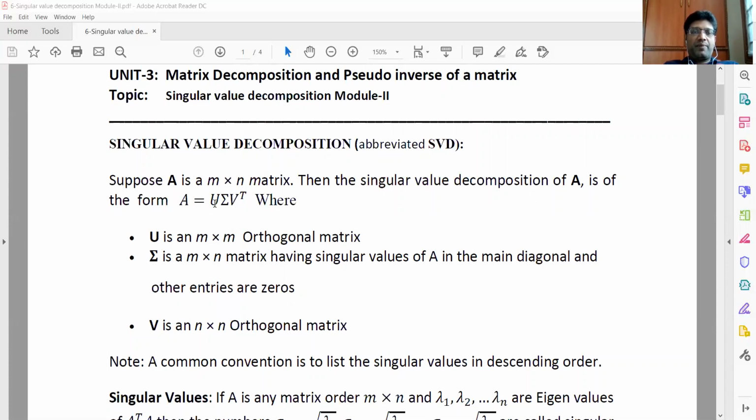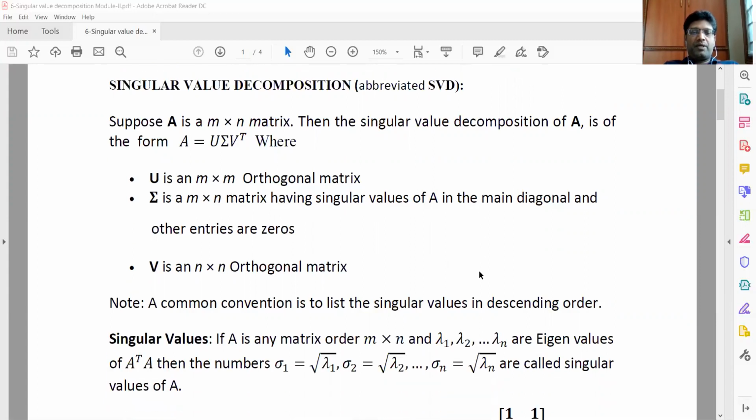So U is a matrix of order m by m and V is a matrix of order n by n. So sigma we have to choose in such a way that this product is conformable for multiplication. So sigma is an m by n matrix, and the principal diagonal entries of the sigma matrix are the singular values of A.